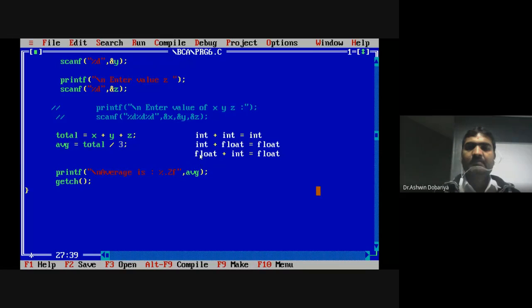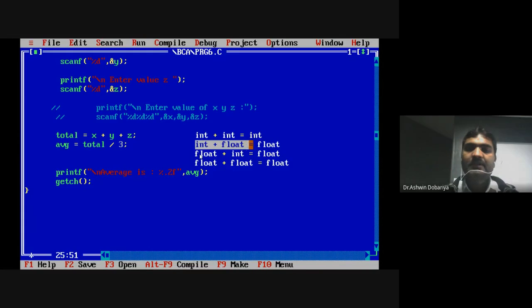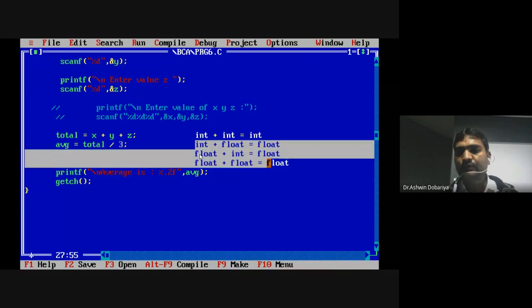And if both values are float, then definitely the output will be a float. This is one common rule. If both values are integer, the output will be an integer. If one of the values is float, then in all three cases the output will be a float, because float is one of the values in the operation.